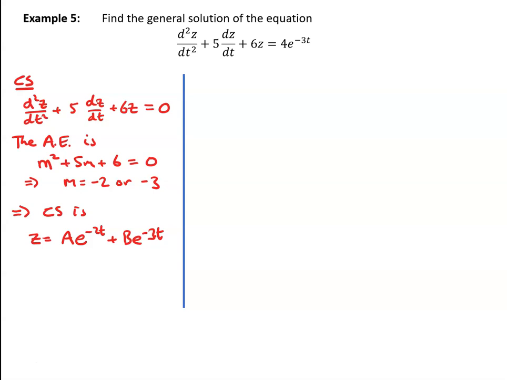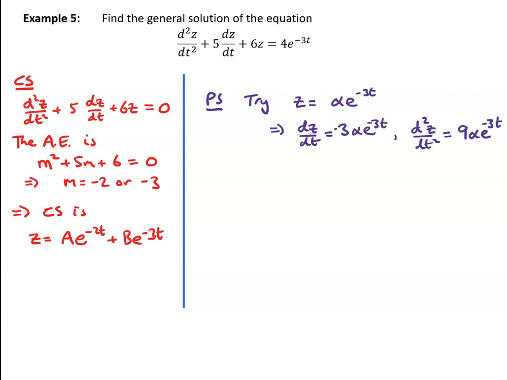Now it would be very tempting on this one to try z equals alpha e to the minus 3t, in which case dz by dt would be minus 3 alpha e to the minus 3t, and d2z dt squared would be 9 alpha e to the minus 3t.